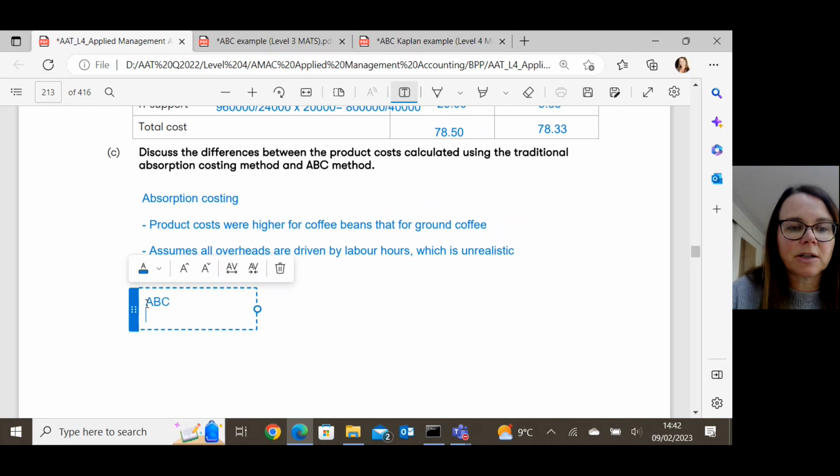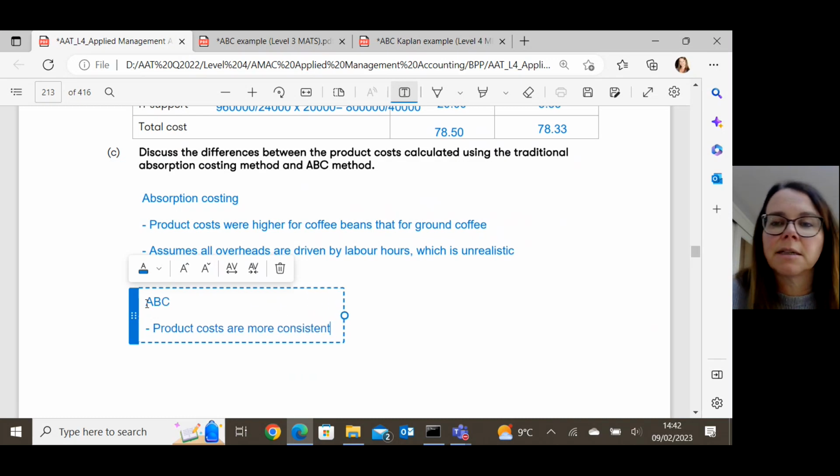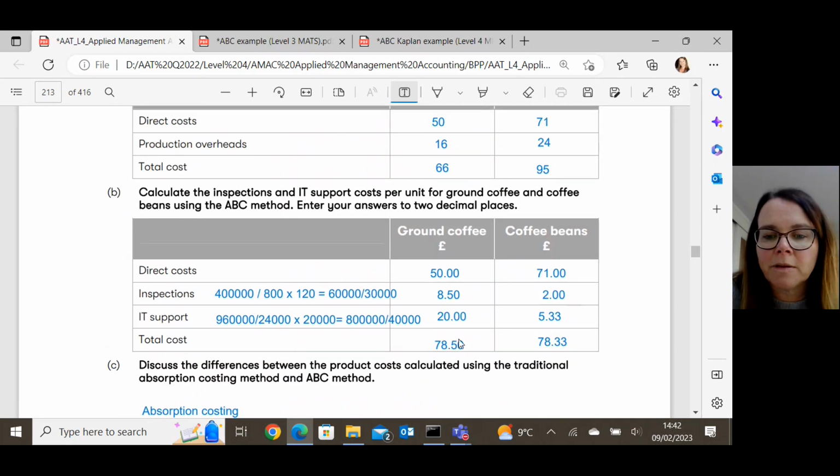Whereas with the activity-based costing, we might say the product costs are more consistent. Could throw some numbers in here as well, but you can see 78.50, 78.33. Could have made a distinction between the fact that under absorption costing, it looks like the ground coffee is the cheaper one to produce, whereas using activity-based costing, it tips over to the other, I know it's still the same, but the difference is much, much tighter.